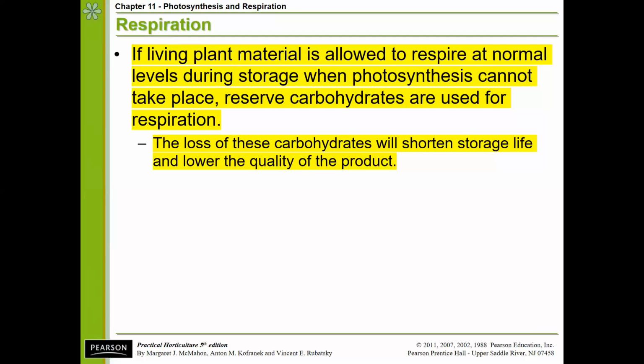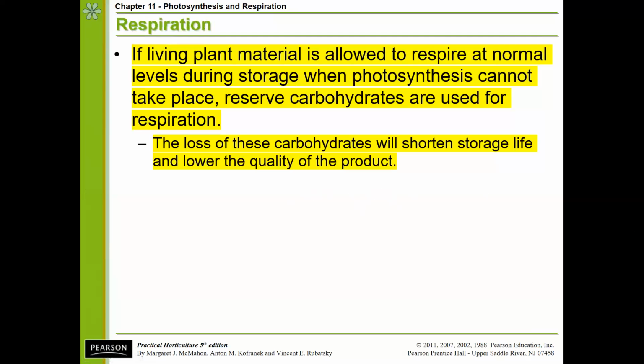Especially when exposed to ethylene gas, that respiration is increased, causing the fruit to continue to ripen. And this is really important to note in terms of the shelf life, storage, and storability of crop products used for resale.